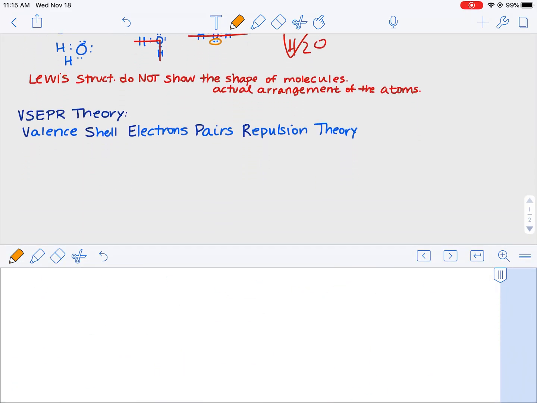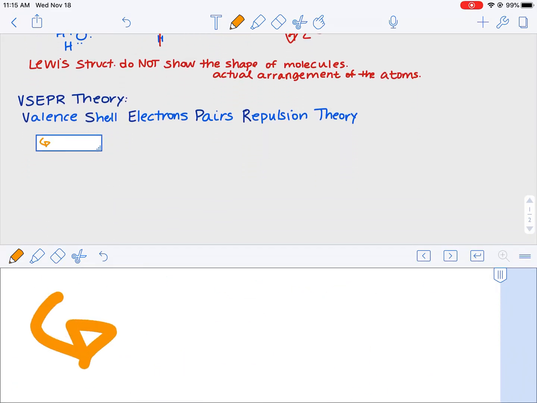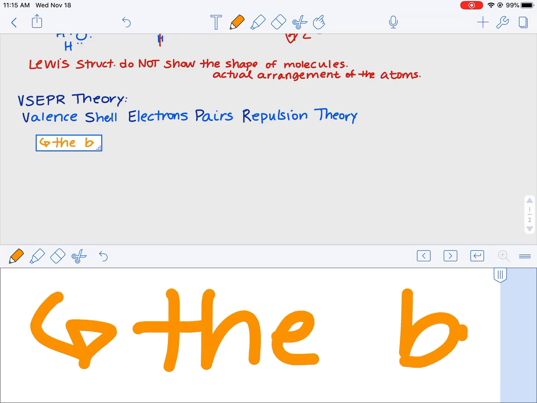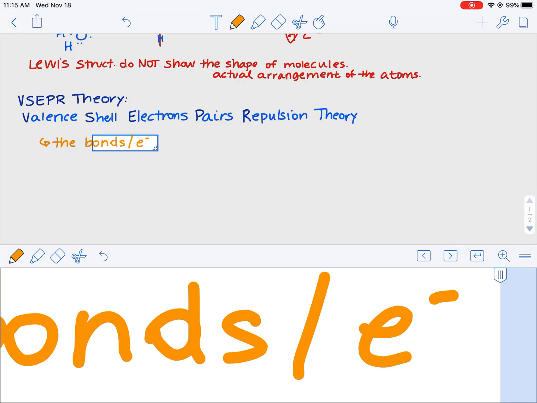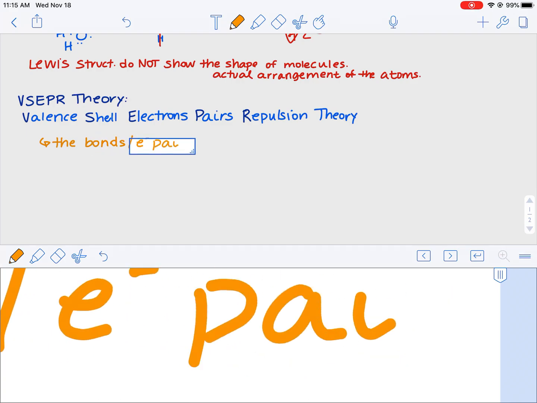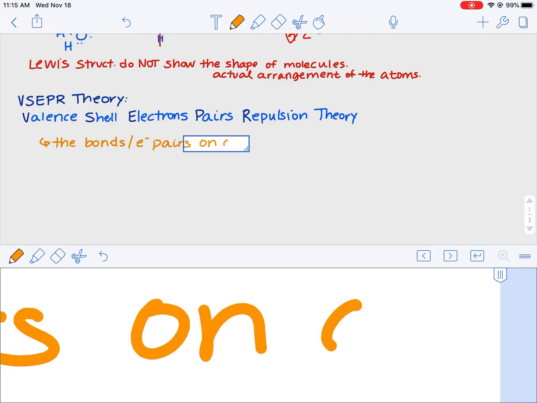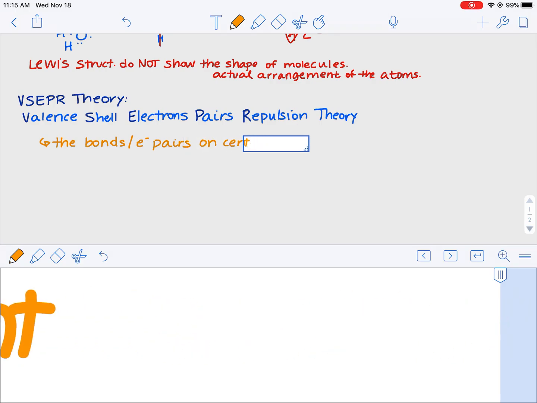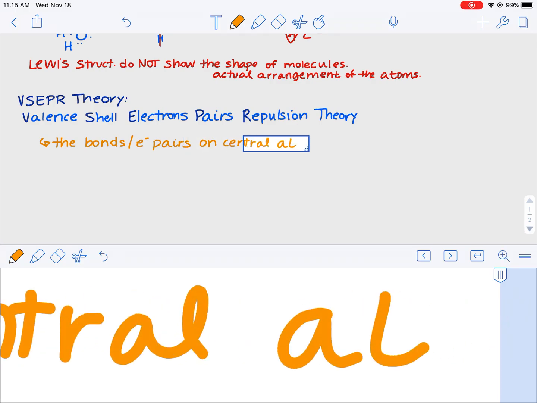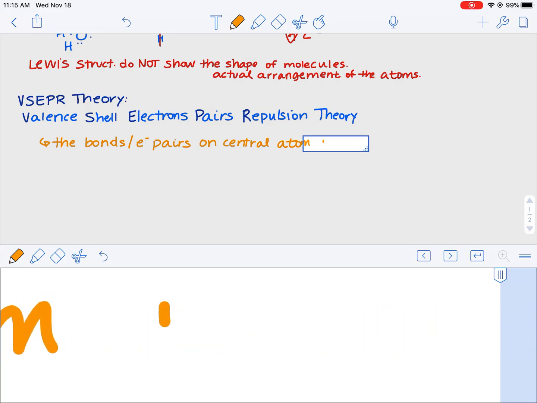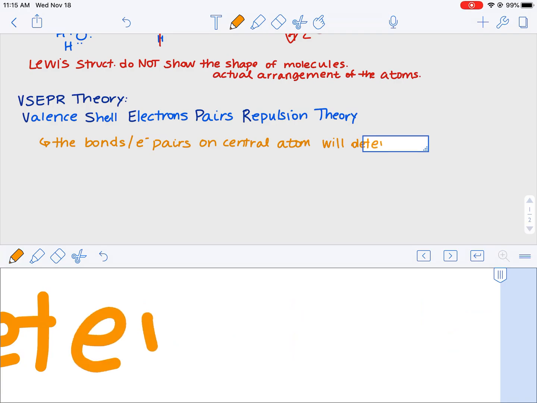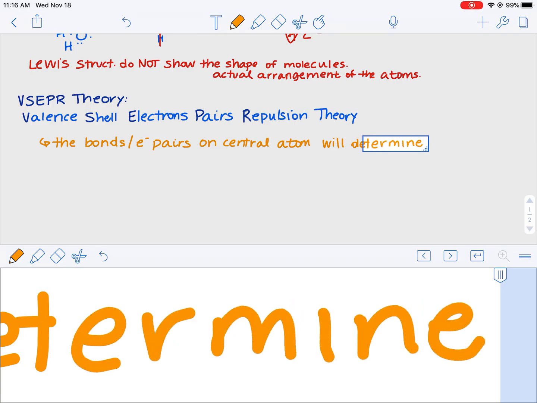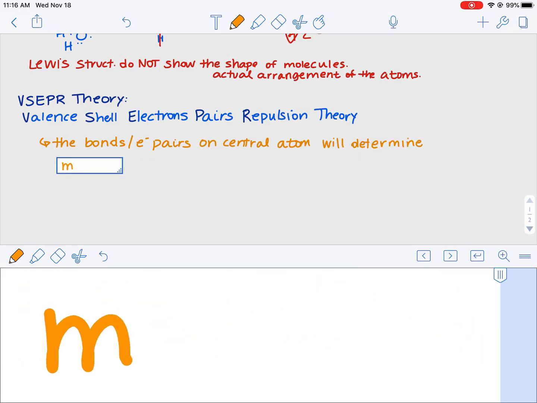Ultimately, the bonds and electron pairs on the central atom will determine the molecular shape.